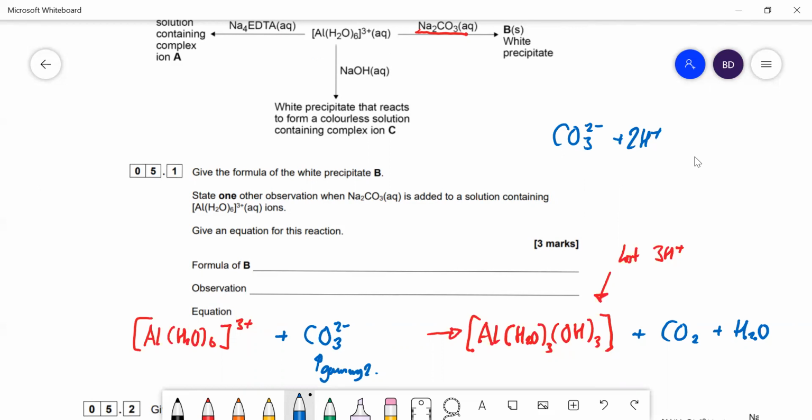To balance this, the aluminium is losing 3, the carbonate is gaining 2. That means we're going to have 2 aluminiums for every 3 carbonates. So the 2 aluminiums give us 2 of those, and that's going to give us 3 carbon dioxides and 3 waters. If you check all of that up, you'll see that it is actually balanced.